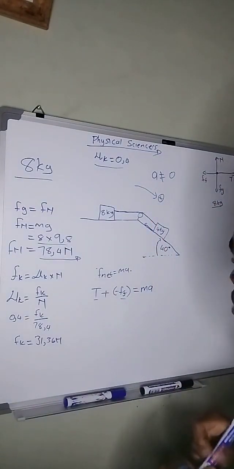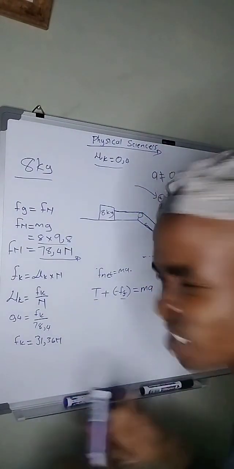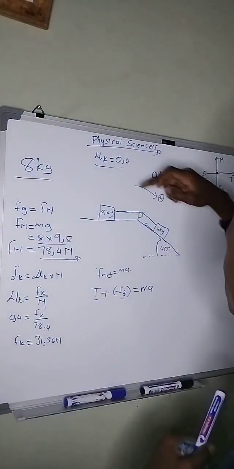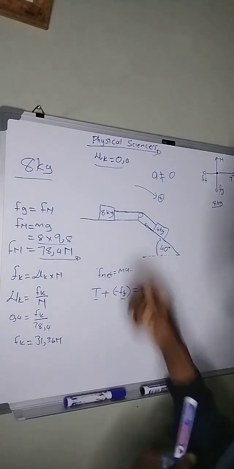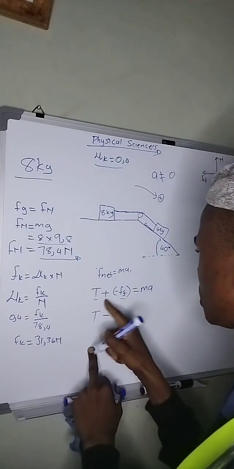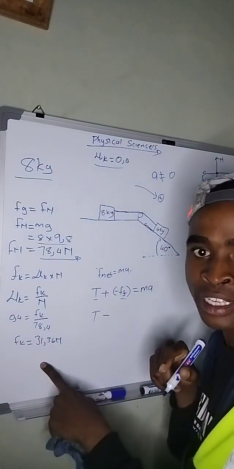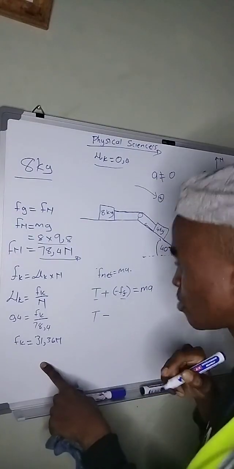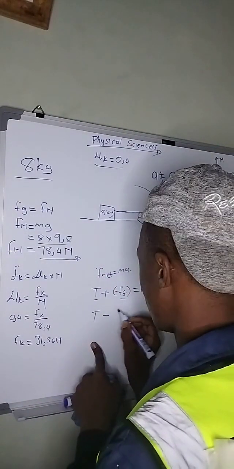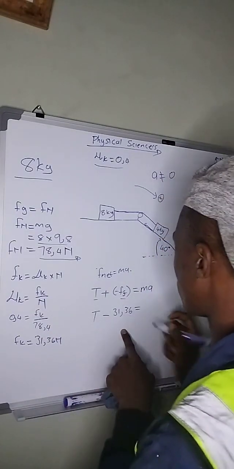Let me just write this, because we are involving maths now. Since we chose this to be the direction, I'm going to have my T and I'm going to have my minus, because this multiplied by that is going to be minus. Here my value of the acceleration is going to be 31,36, which is going to be equal to what?